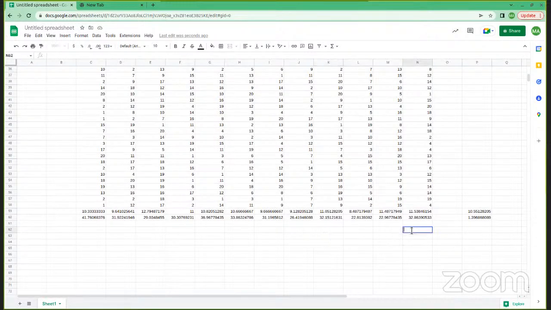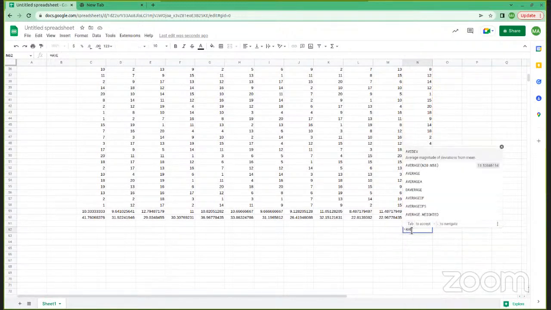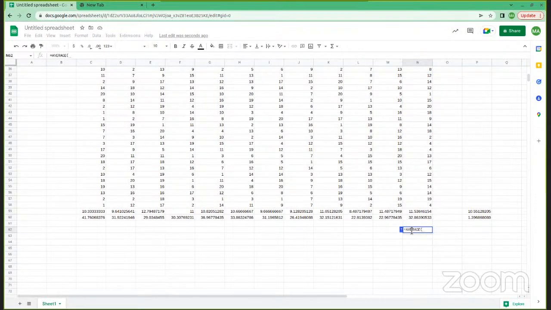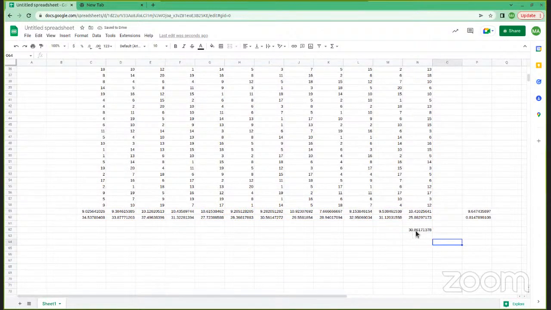And ultimately, we get the expected value, the average of C62 and 60. See, if the number of samples I take each time is high, we get 30.861 as my expected value.